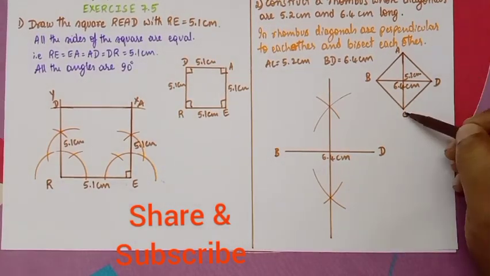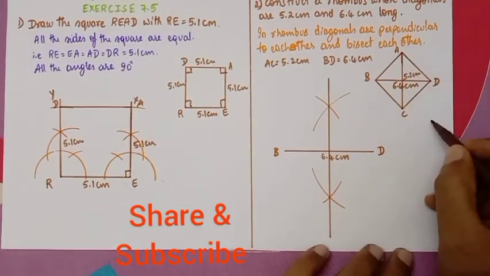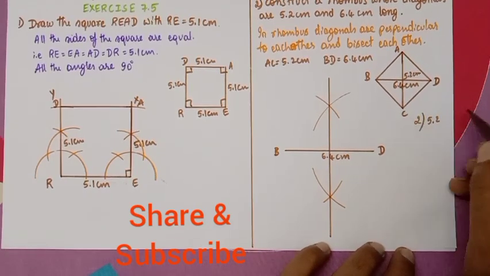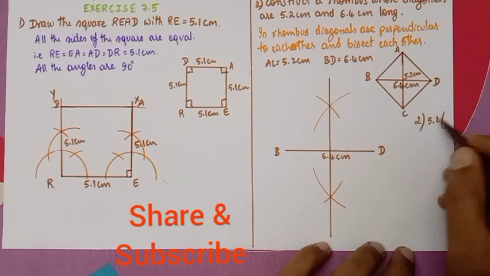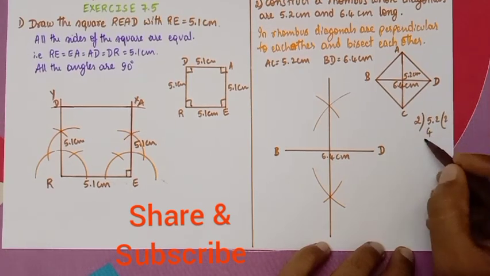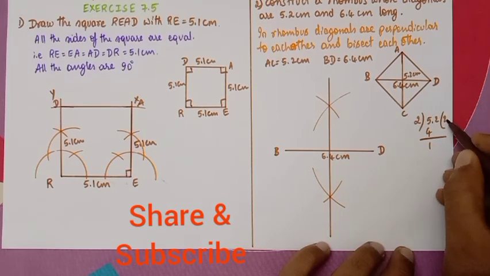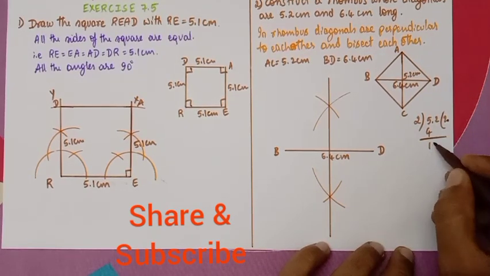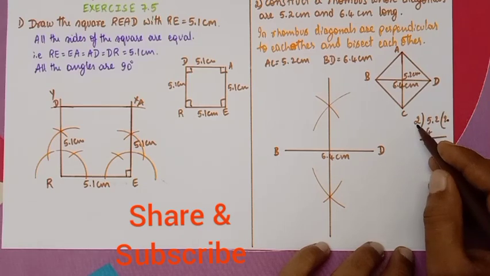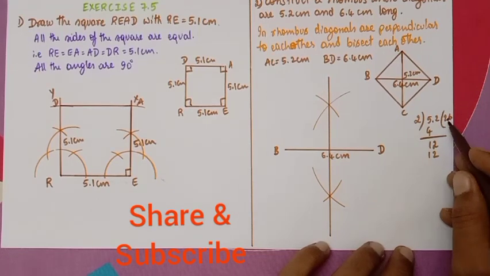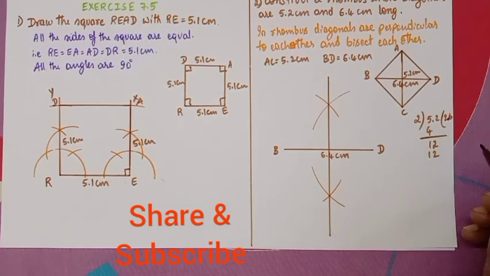Here AC measures 5.2 centimeter. Let me divide it by 2. Two twos are 4, so 1 is the remainder. We should bring down this one, so there is a point here. Then 2 sixes are 12, so 2.6 is the answer.